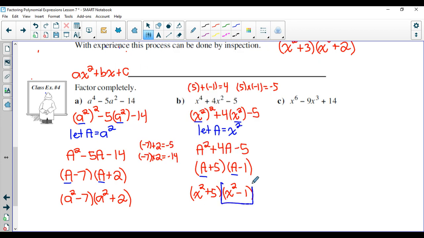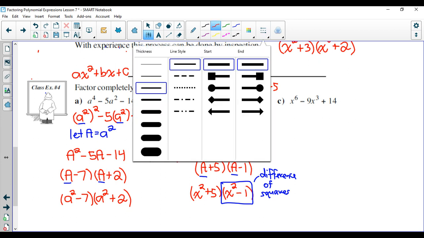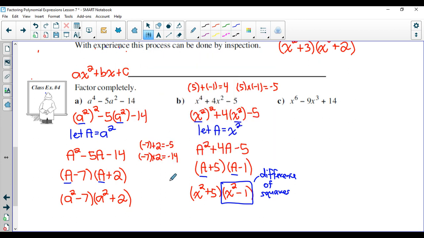the x squared minus 1, this is called the difference of squares. The first term's a perfect square, the second term's a perfect square, and there's a difference between them. So if you want to factor a difference of squares, we did this back in lesson number 5.